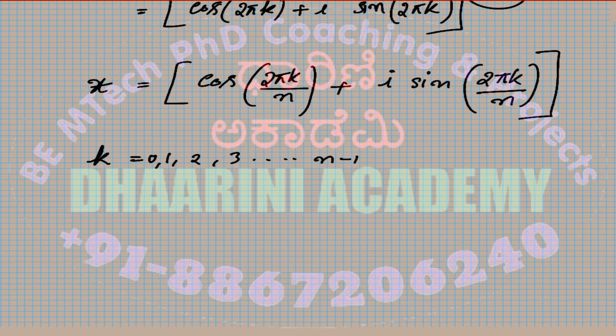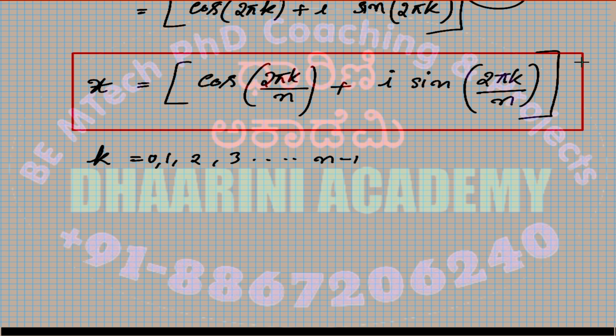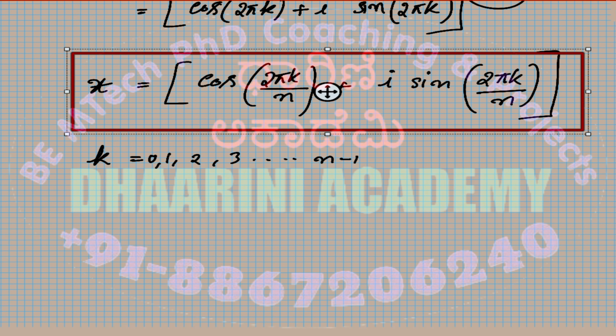Now let us give another notation here. Let me highlight the result first. This is the result: the nth root of unity is given by this equation.